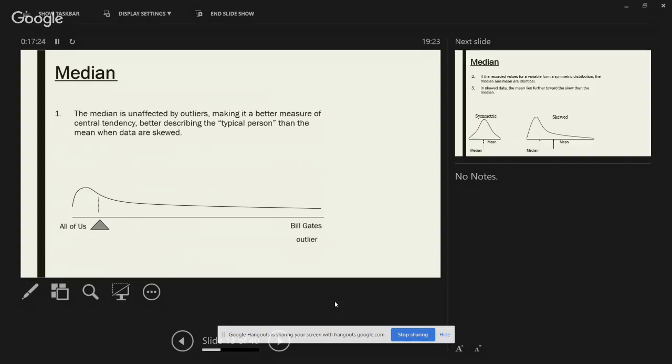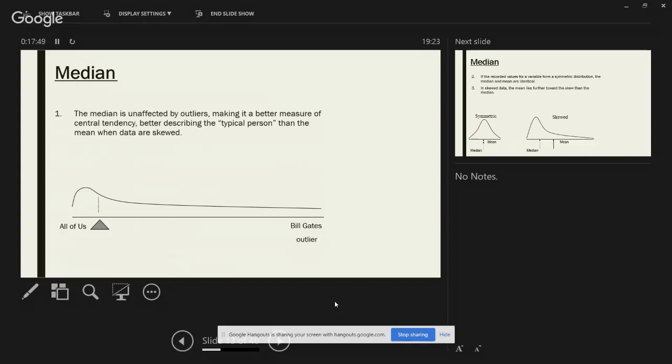So median is something which is not affected by outliers. In the last example, while we were calculating the mean, we know that mean is directly affected by the outliers. But in case of median, that is not the case.